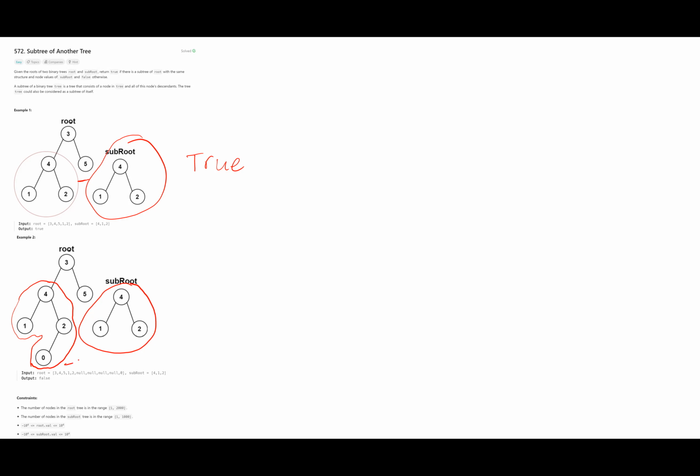So there is no match here. Although it gives you a wrong impression that this part is the same as this, the problem is this part is not a subtree. If I start a subtree, then it will go all the way here, right? And then that's a mismatch.